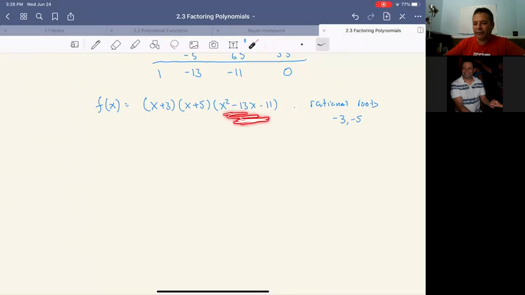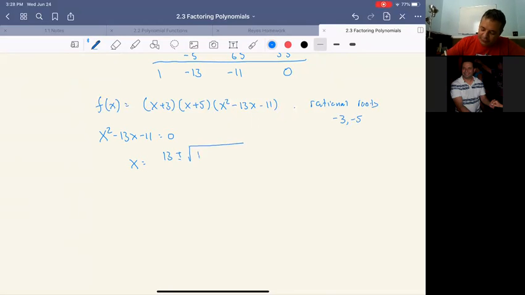Okay, we may have imaginary or just real numbers. Let's go ahead and do that. Let's factor x squared minus 13x minus 11. Well, let's take that equaling 0. So x is going to equal 13 plus or minus the square root of 13 squared minus 4 times 1 times -11, all over 2.